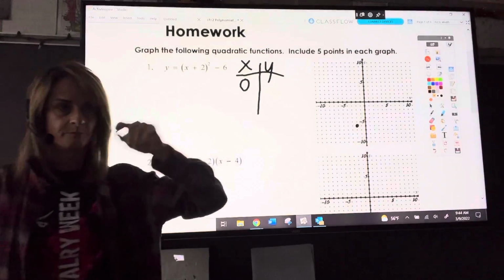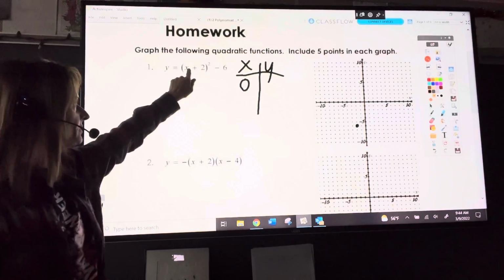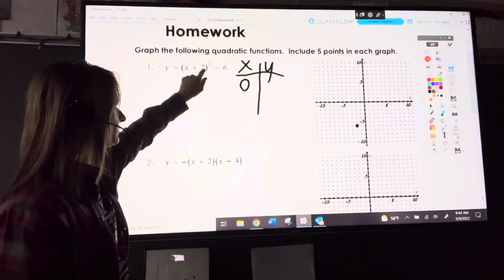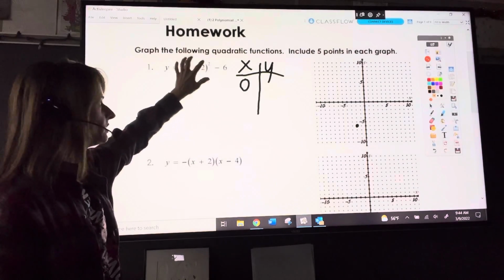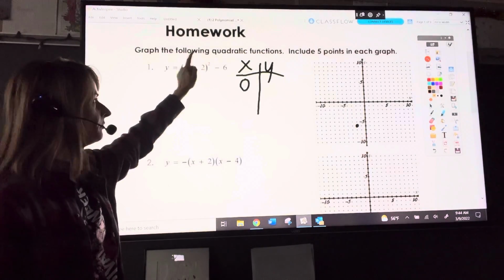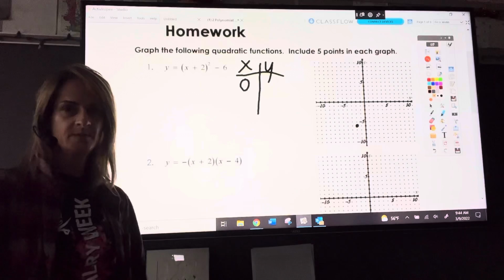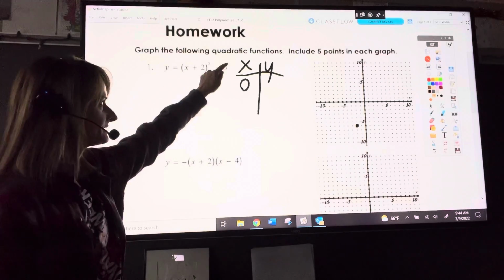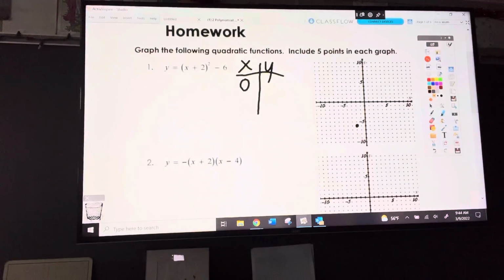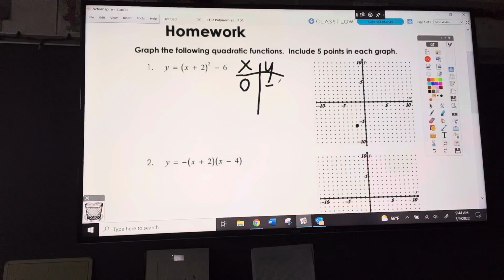Are we good with that? If I put in a 0 here, I'm going to get 0 plus 2, that's 2 squared, which is 4, minus 6. 4 minus 6 is -2. When x is 0, y is -2.